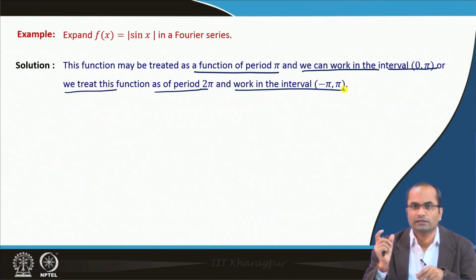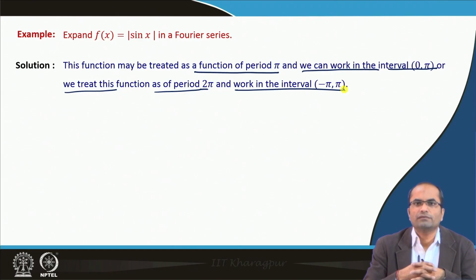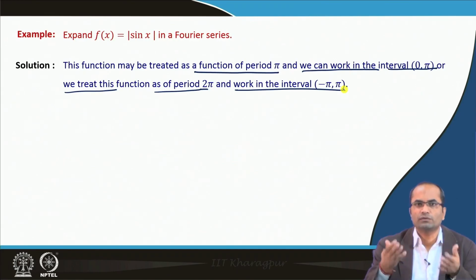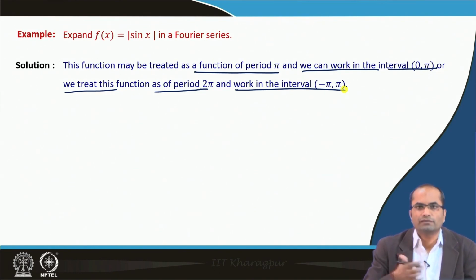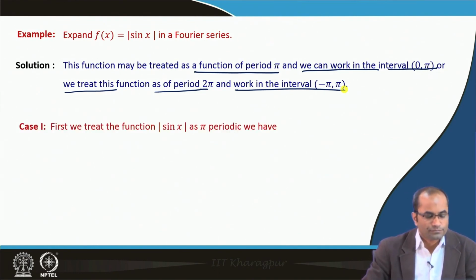That means we will treat this function as a 2 pi periodic function, and then construct its Fourier series, and at the end we will realize that it is actually the same, whether we take a period pi or a period 2 pi or 3 pi etc. It does not matter. We will have the same Fourier series.